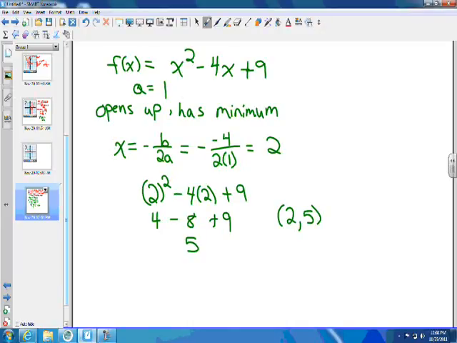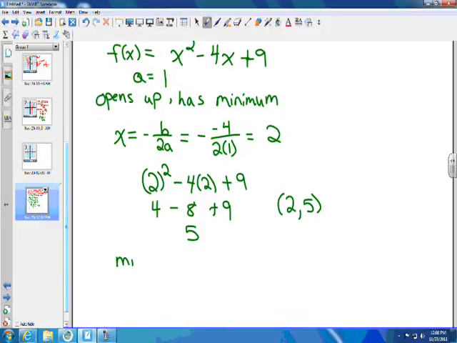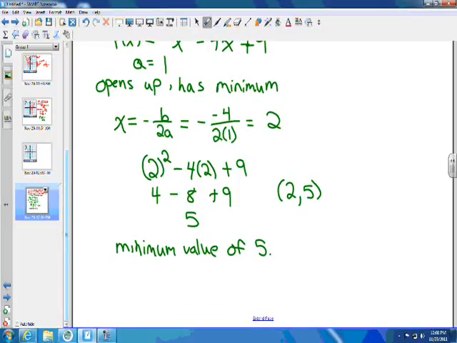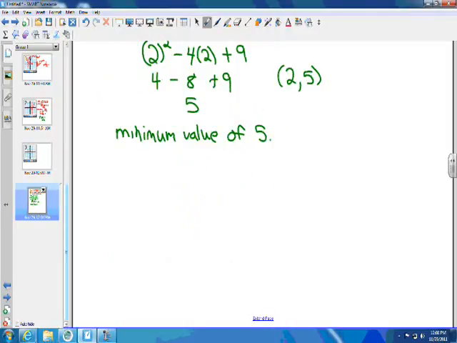That's whatever you get when you plug in your x value. In this case, we got 5. That's your minimum. So that's all you have to do on that second set of problems is find the minimum or the maximum, which is the vertex point. And homework problems, on page 241, two through 30 even.